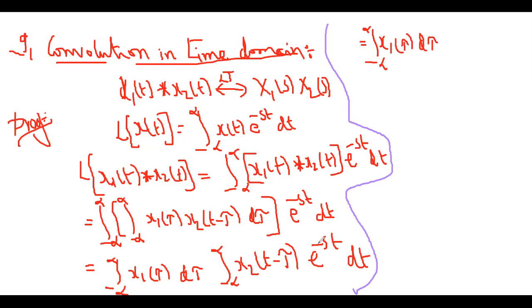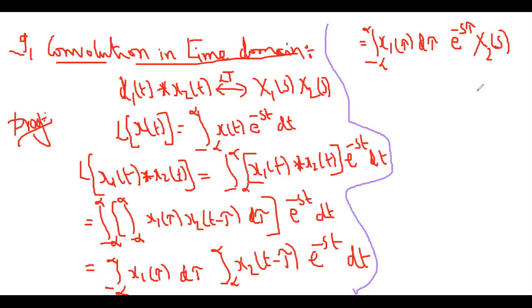Using the translation in time domain property, it gives e power minus s tau, and x2 of s.